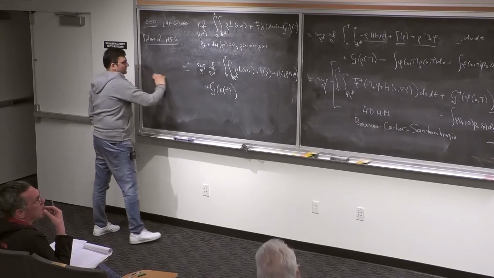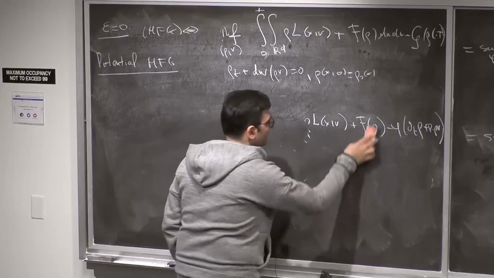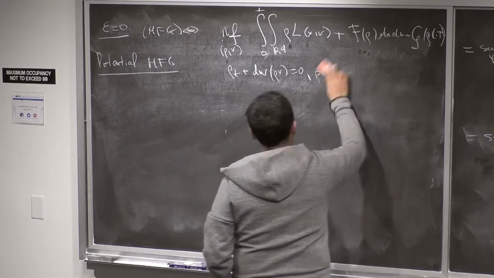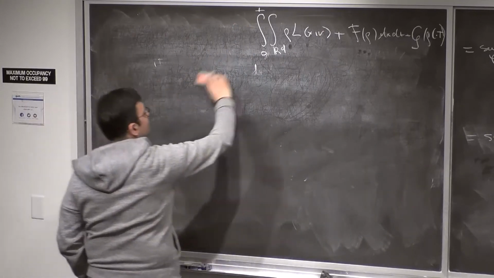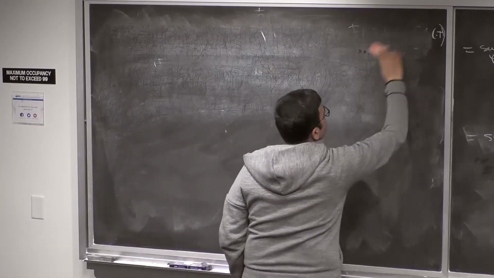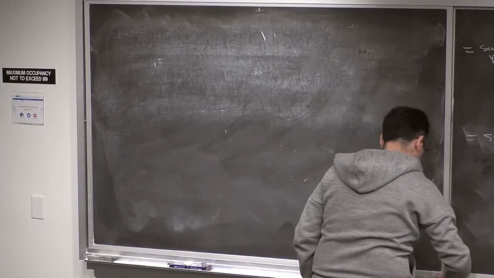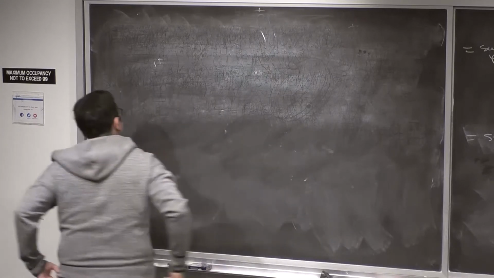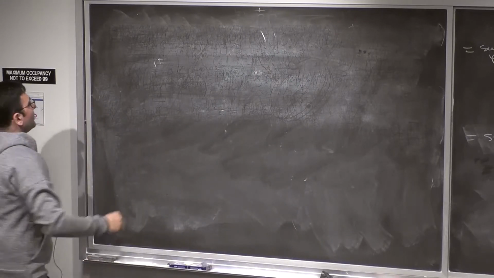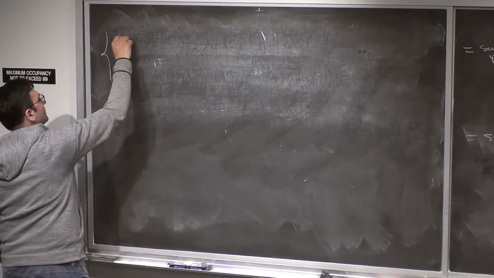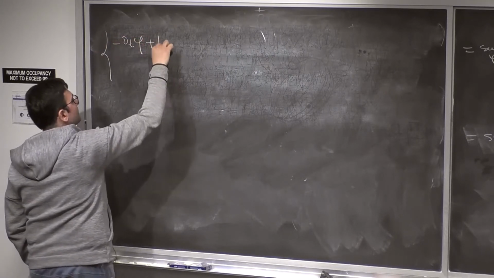So for the last 15 minutes or so, I'll show you a way to solve this for the case of non-local couplings. Let's assume that we have the following case.